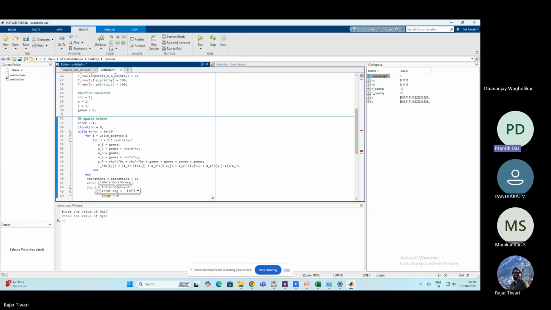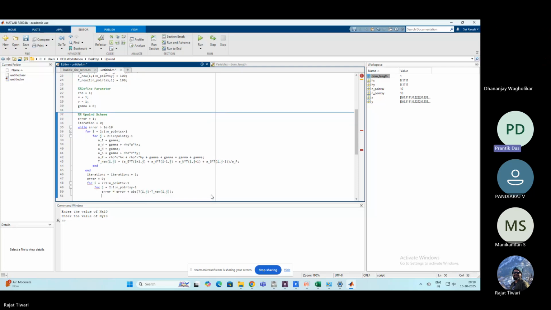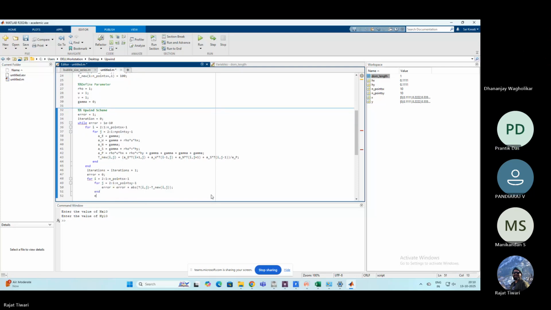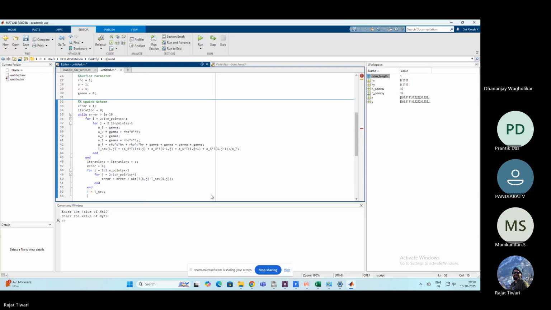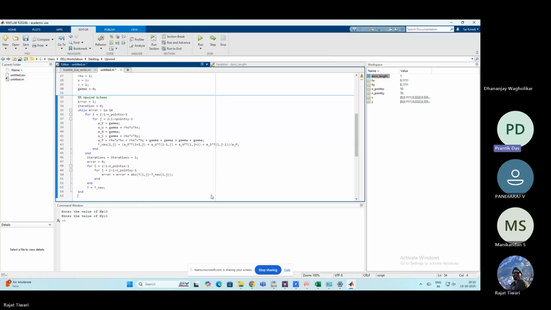So theta equals theta plus the squared difference, and then T equals T_new.